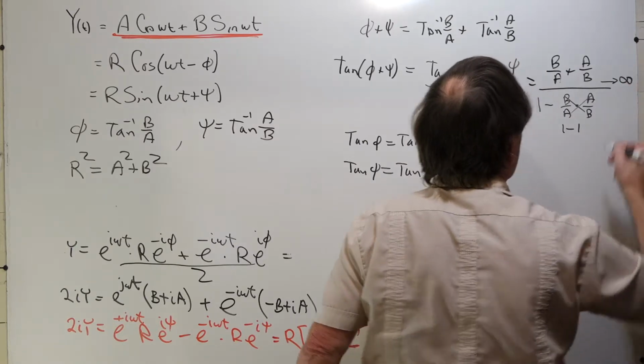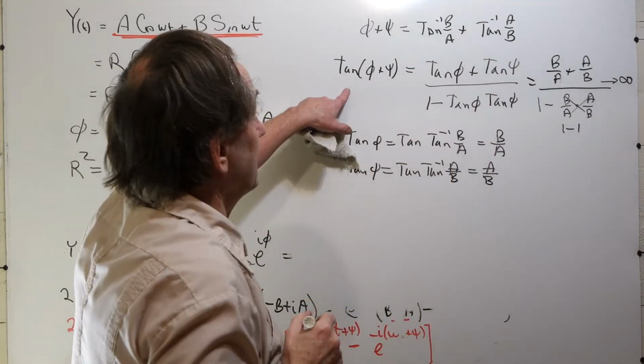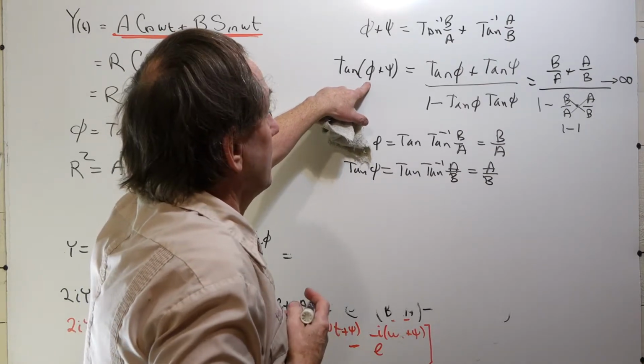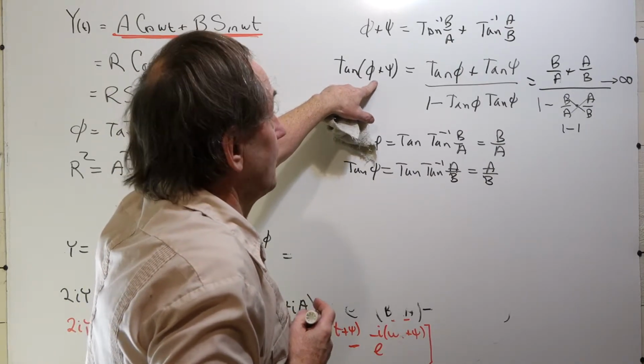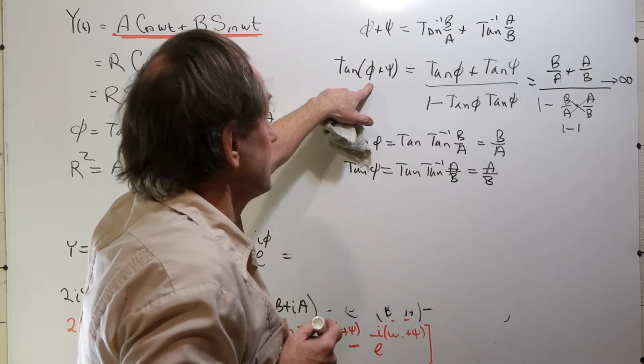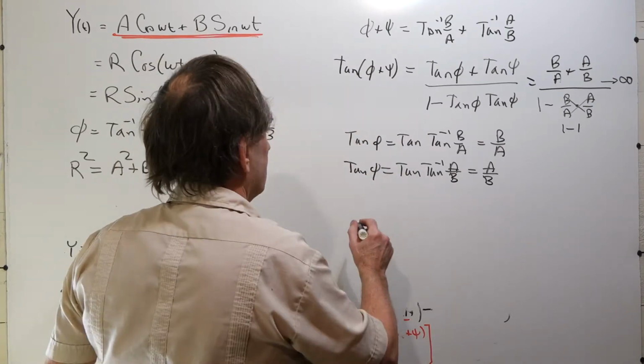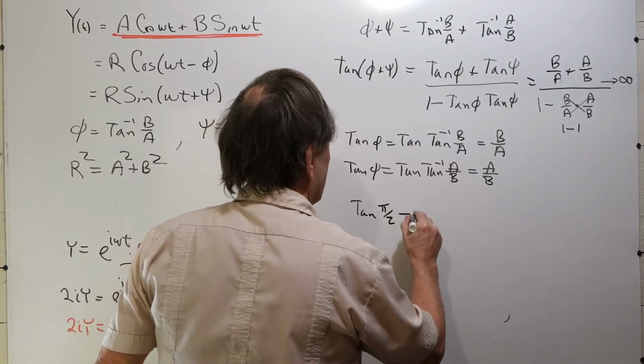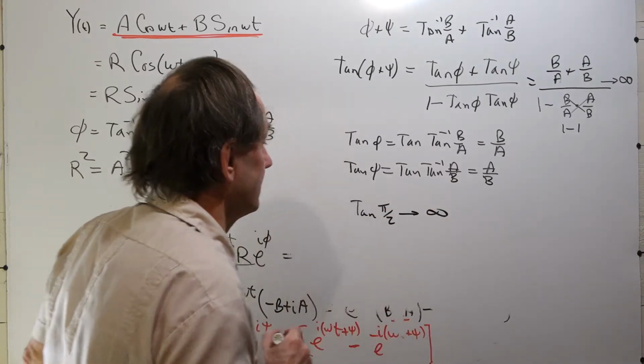and we see that the denominator goes to 0, because this becomes 1 minus 1, or this approaches infinity. Well, the tangent of an angle that is infinity means that the angle is pi over 2. The tangent of pi over 2 is undefined. It goes to infinity.